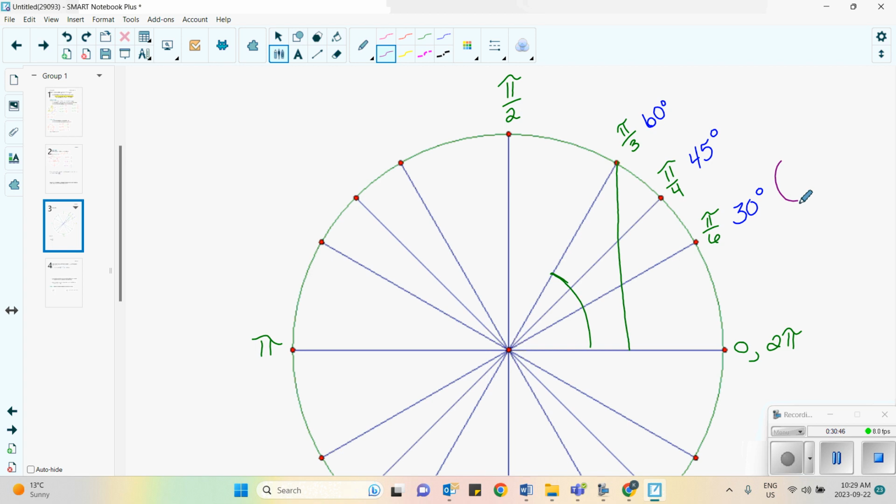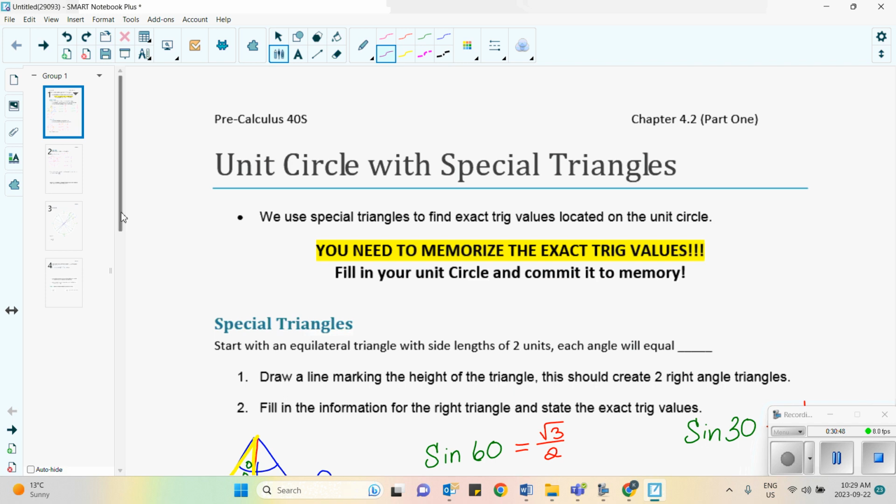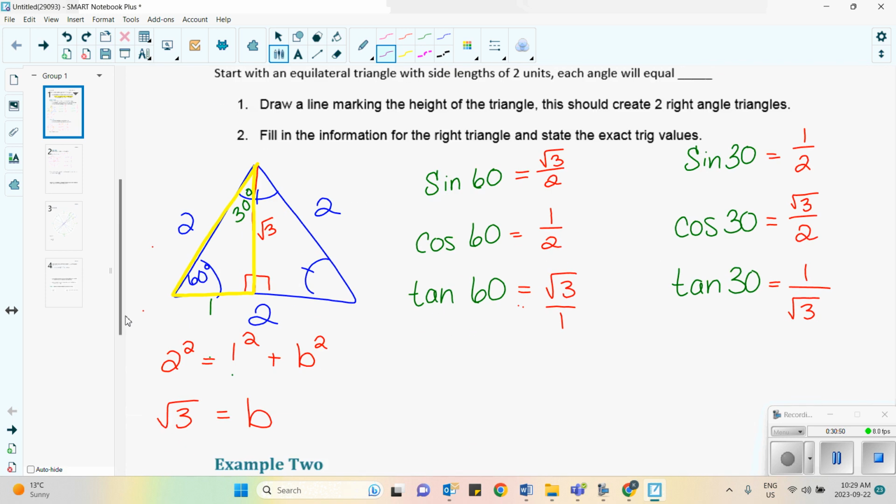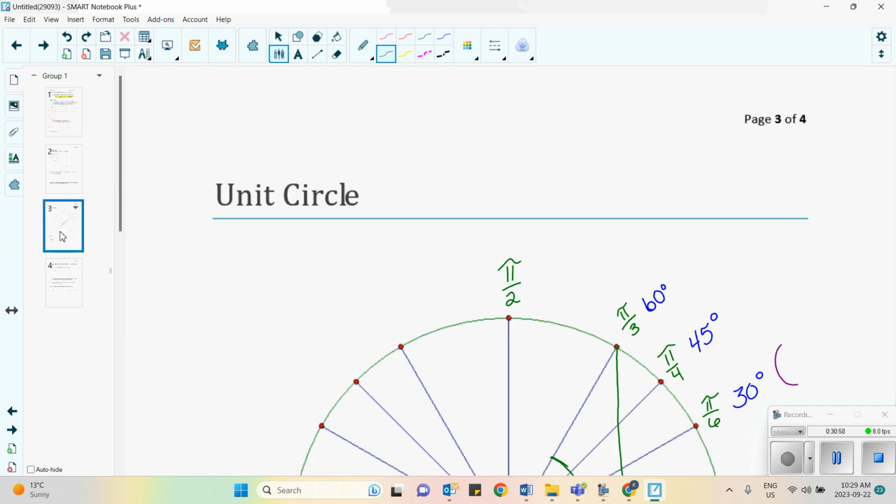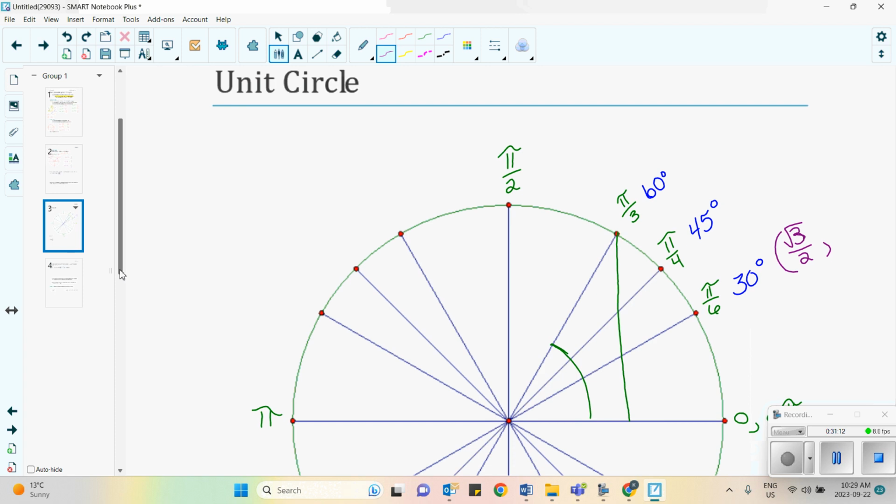It's on your first page. If we go back here, what's cos of 30 degrees? Root 3 over 2. So my cos is root 3 over 2. What's my sine? 1 over 2.